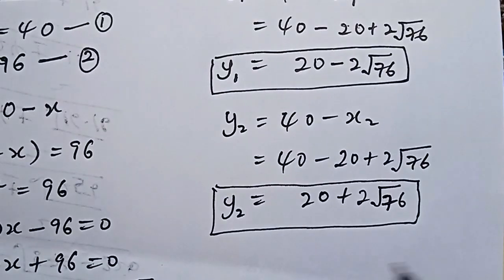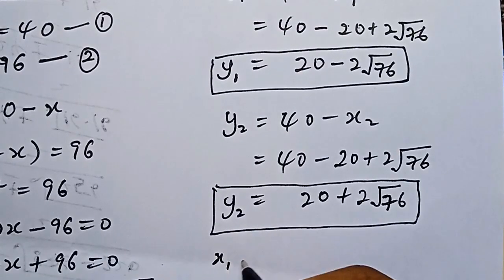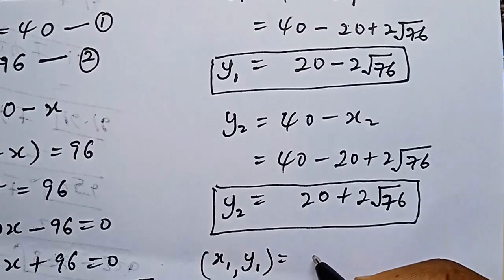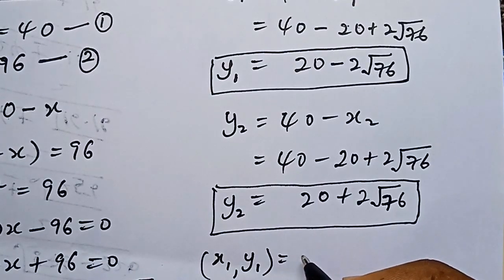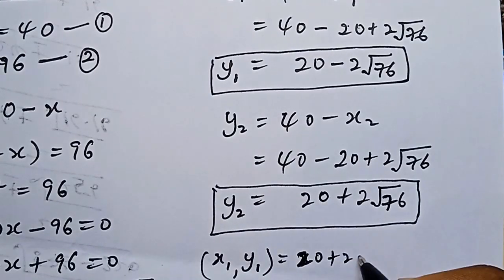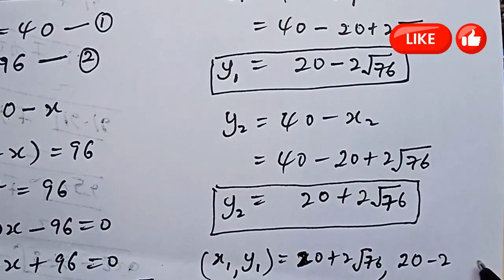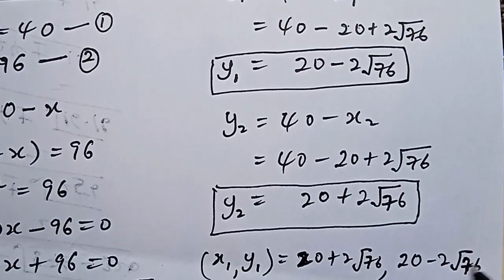Okay, so our x1, y1 gives us x as 20 plus 2 square root of 76, comma, 20 minus 2 square root of 76.